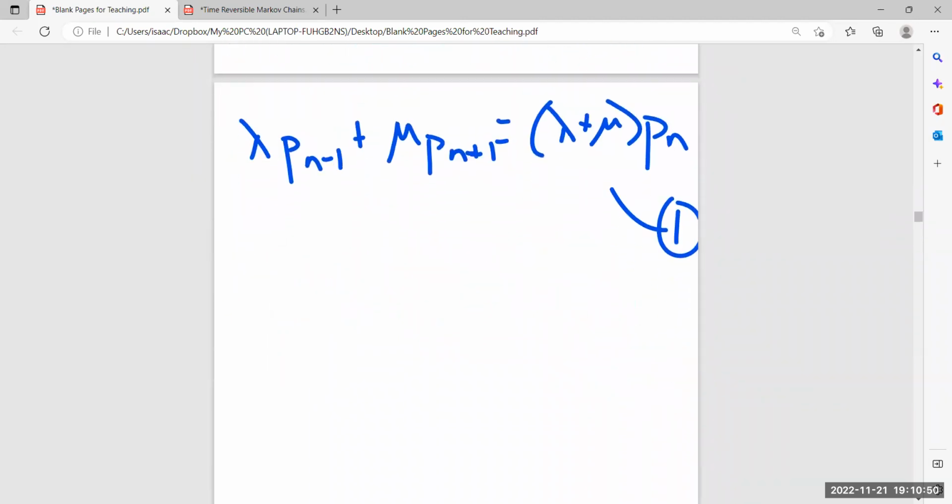Right? Okay, so let's see. Let's consider P0 at time t plus h. That means that at time t plus h, we have 0 items in the queue.